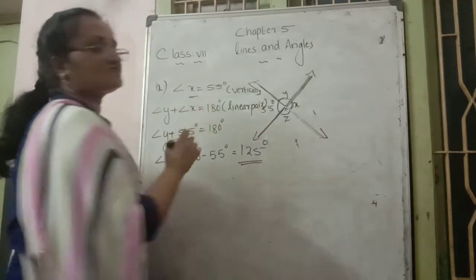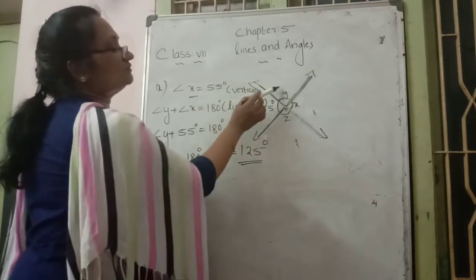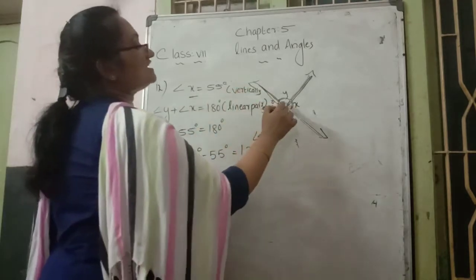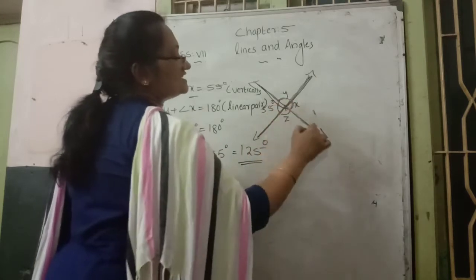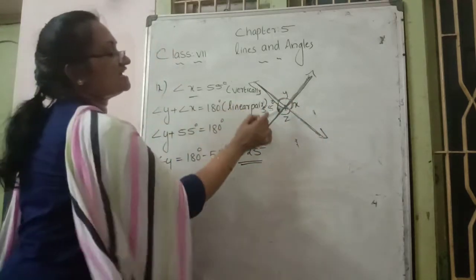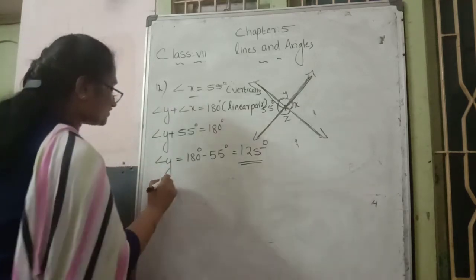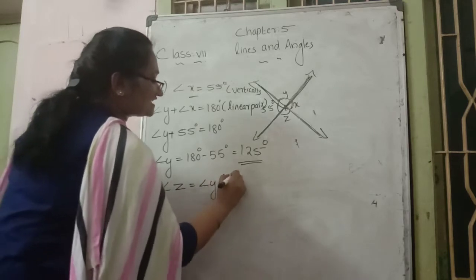Then how do we get the z value? Y and z make what? Which angle? They make vertically opposite angles, a vertical V shape. Y is on top, z is downwards. That's why y and z make which property? Vertically opposite angles. So we can say angle z is equal to angle y. What is the reason?